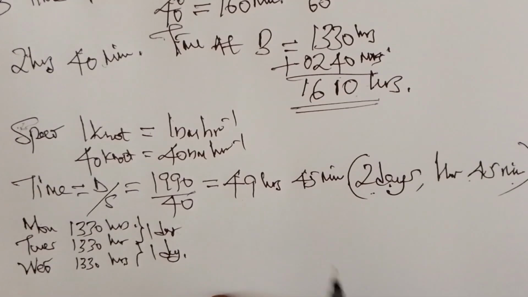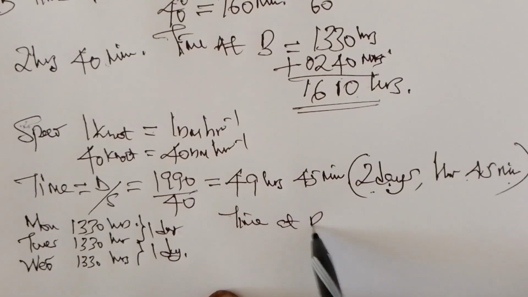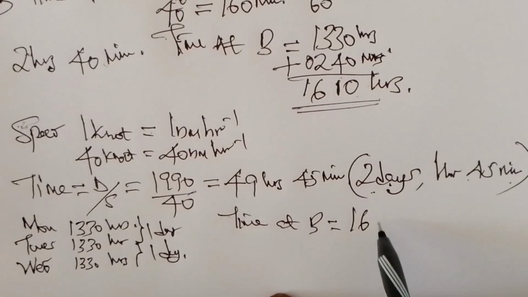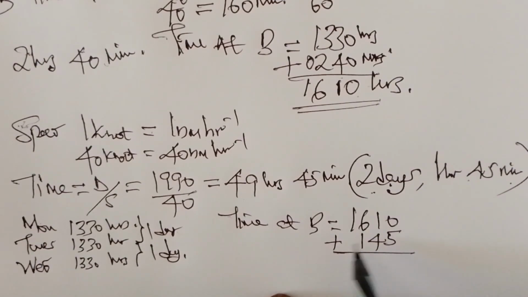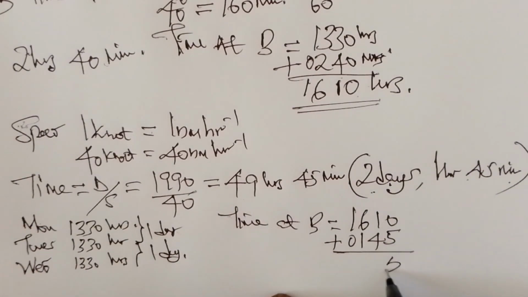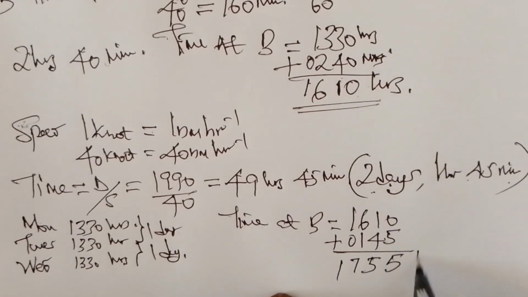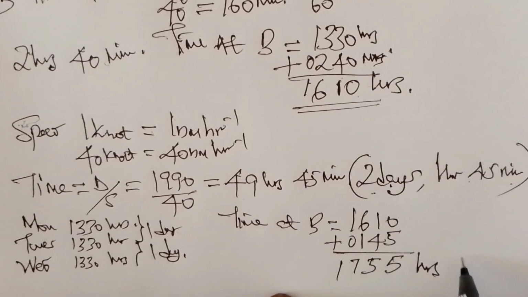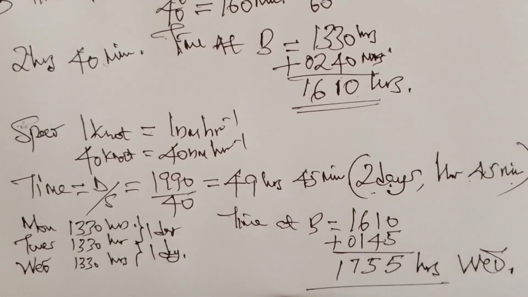So to get the time it arrived at B, we add 16:10 hours plus 01:45 hours, and the time at B will be 17:55 hours. And on which day? On a Wednesday.